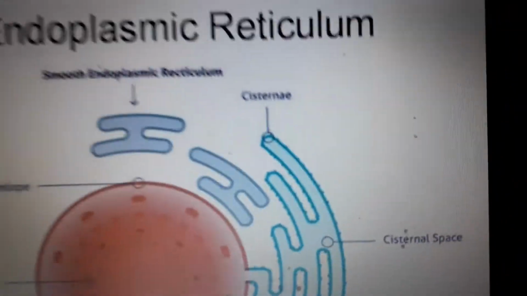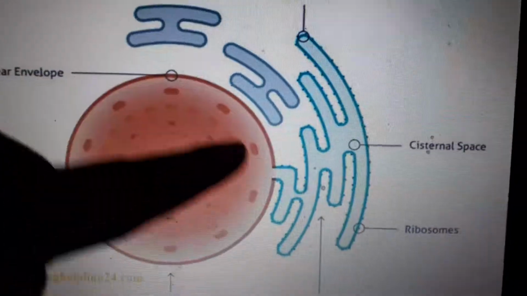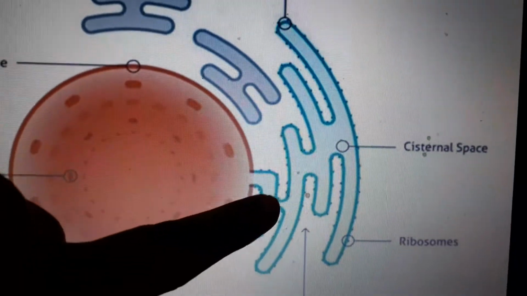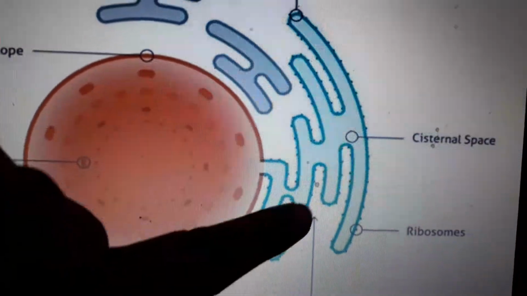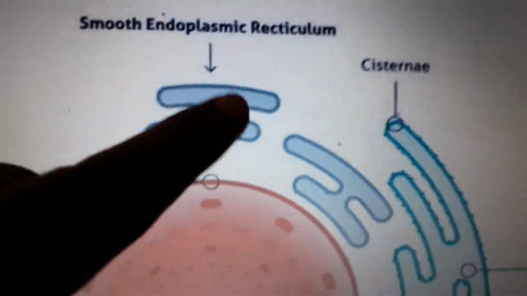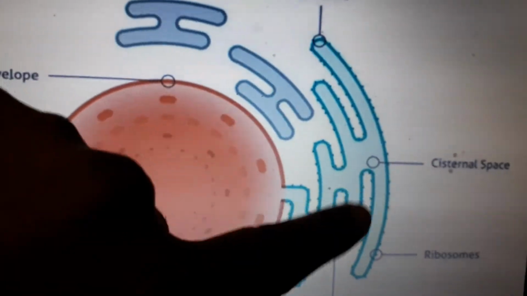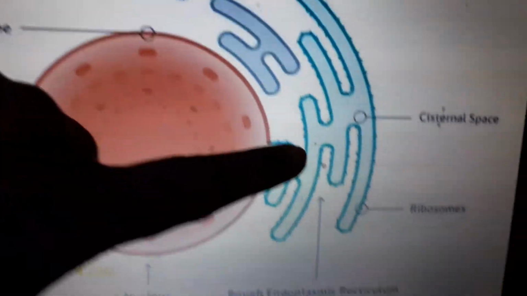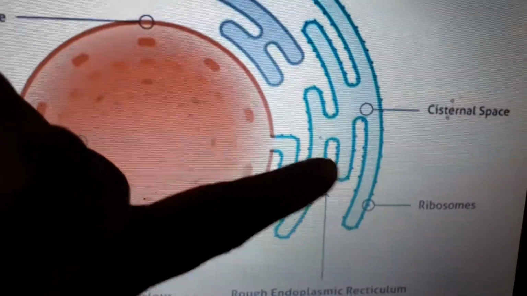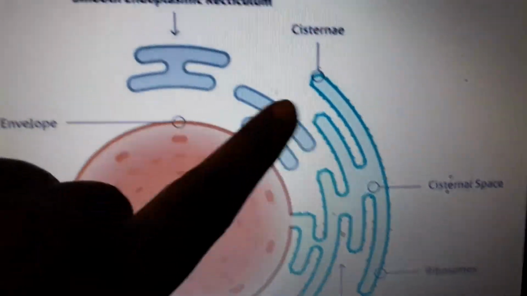In the structure of endoplasmic reticulum, you find that there are two types of tubes. In one type of tube, you have small granule-like structures, which we said are ribosomes. And there are tubes in which there are no ribosomes. So the structures on which ribosomes are present are called rough endoplasmic reticulum.